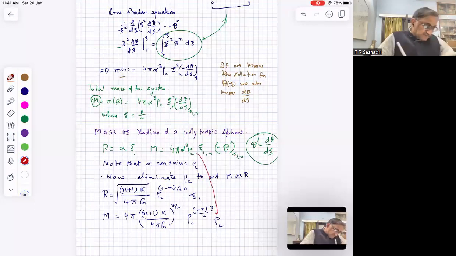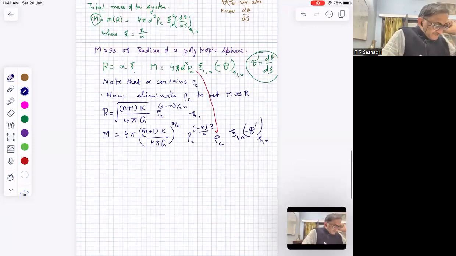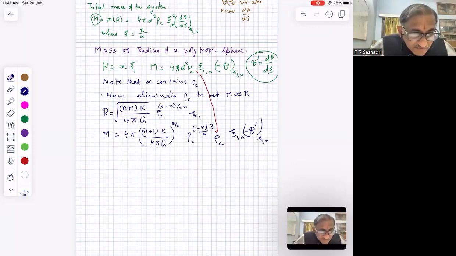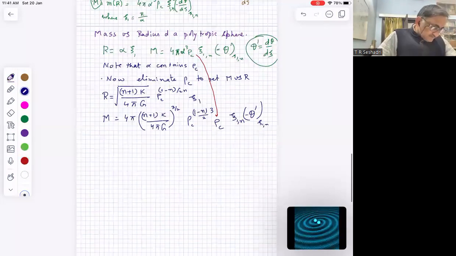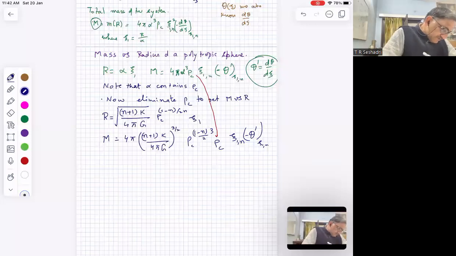This extra rho c comes here as compared to the other one. And then I will have xi1 comma n times minus theta prime at xi1 comma n. Here, won't there be a 2n factor, like in rho c power 1 minus n by 2n, right? 2n, yeah, you're right.